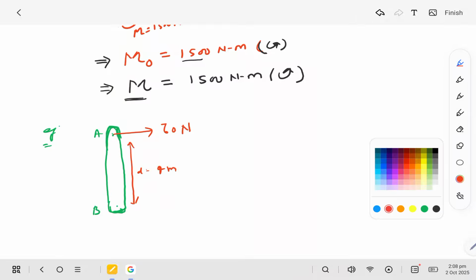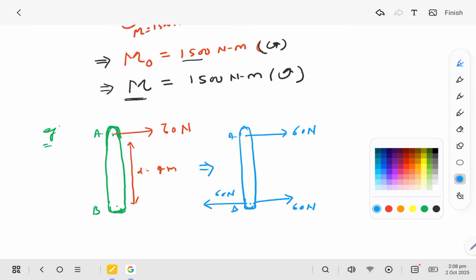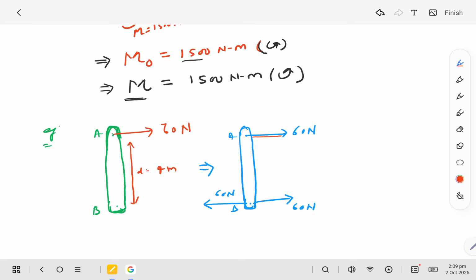Now if you want to transfer this force of 60 Newton to point B, we introduce two forces of 60 Newton in opposite direction at point B, and this force and this force will form a couple.